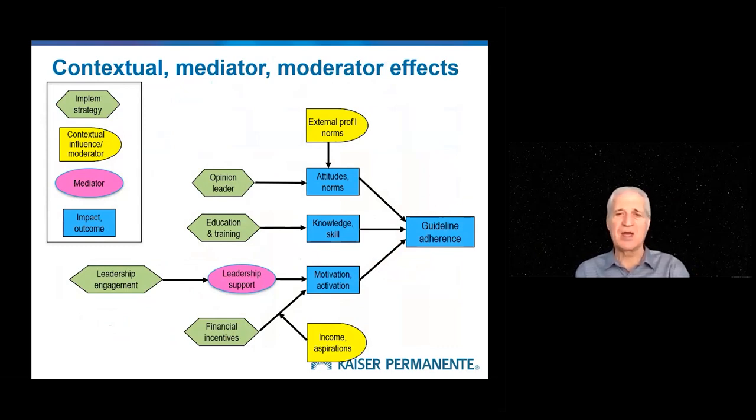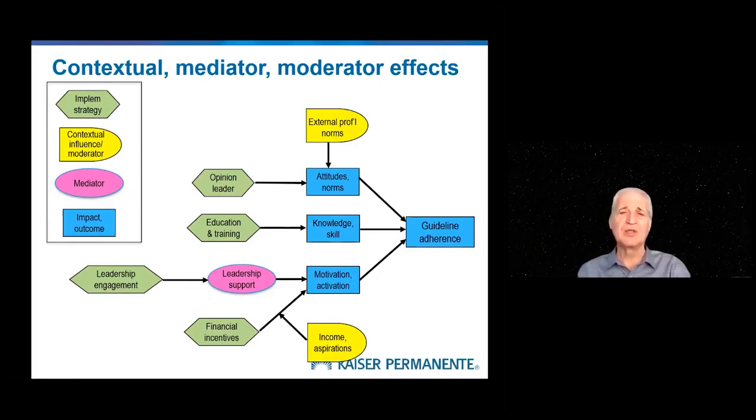There are external factors. I mentioned earlier professional norms that influence attitudes. We also can deploy internal opinion leaders to modify those attitudes. We can use education and training, of course, to try to improve knowledge and skill. Motivation and activation can often be influenced by leadership activities, but they're also influenced by financial incentives.